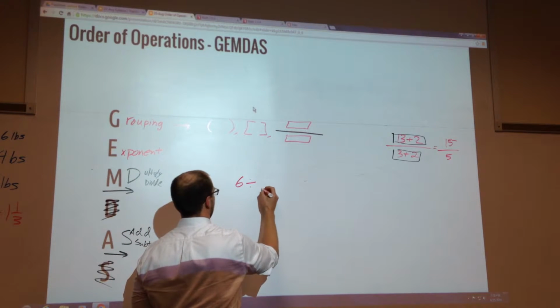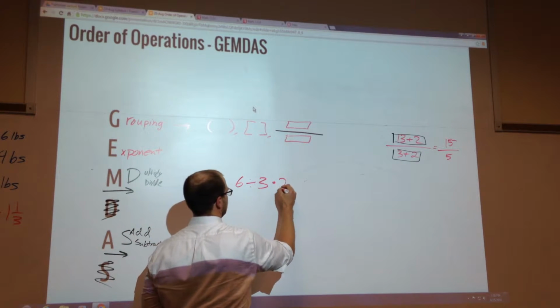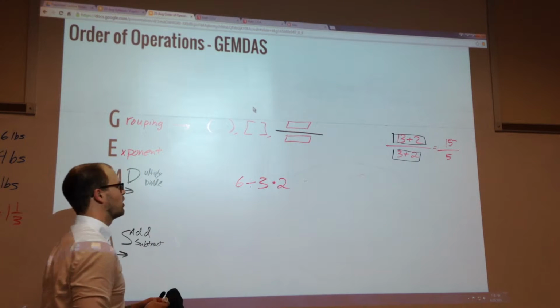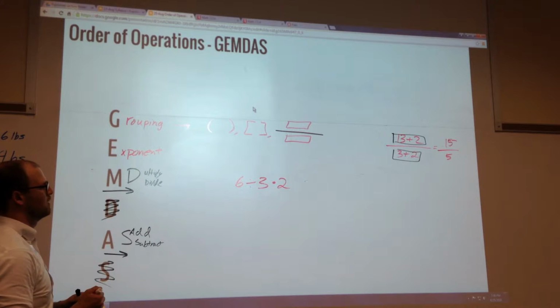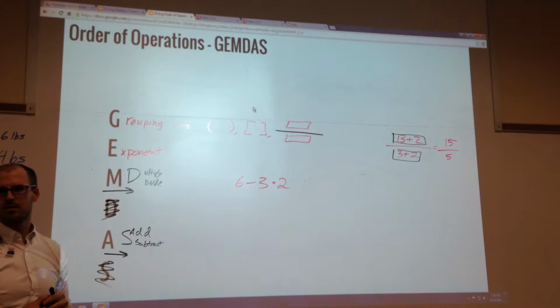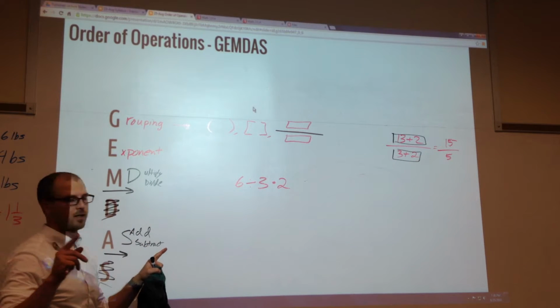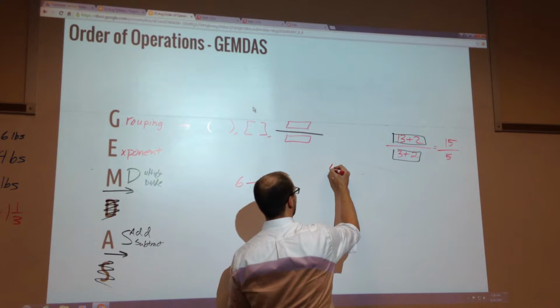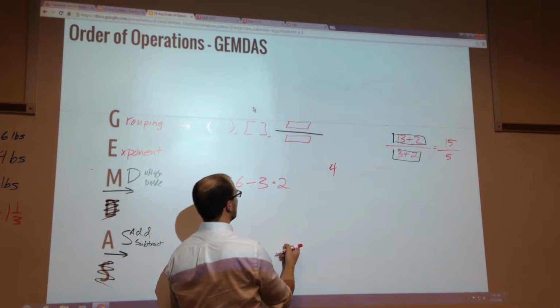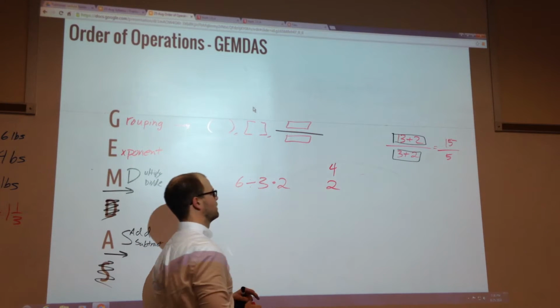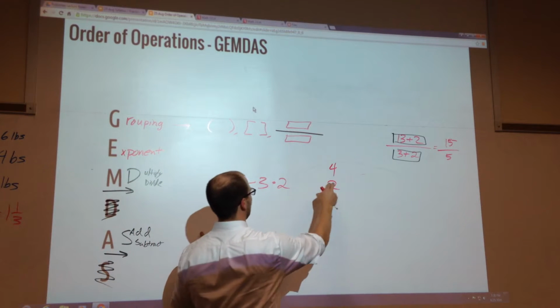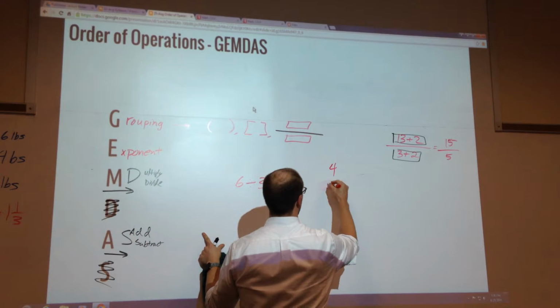6 divided by 3 times 2. Okay? So, what's the answer to this? Anyone want to guess? So there's two answers that I can see you guys getting. You can either get 4 or 1.